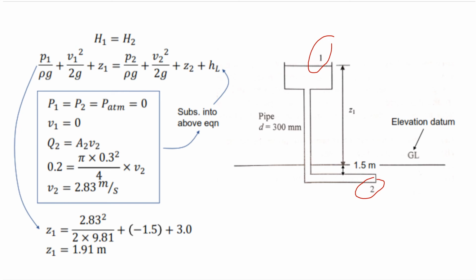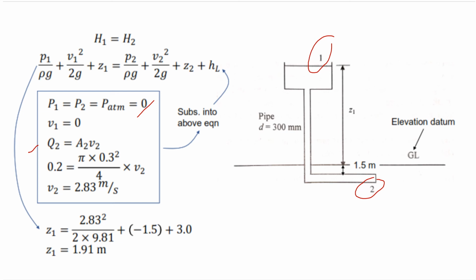As I mentioned earlier, pressure from atmosphere and pressure to atmosphere is 0. And then the velocity at 1 is also 0 because it is inside the tank and it is stagnant and not moving. So V1 is 0. And then we can use equations to find the Q2.